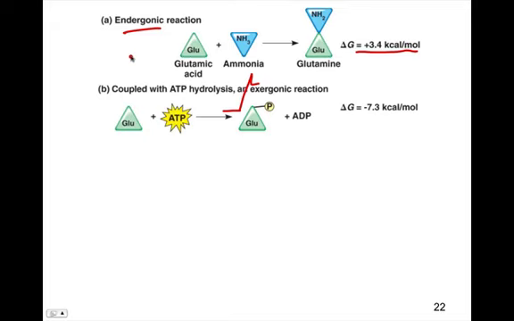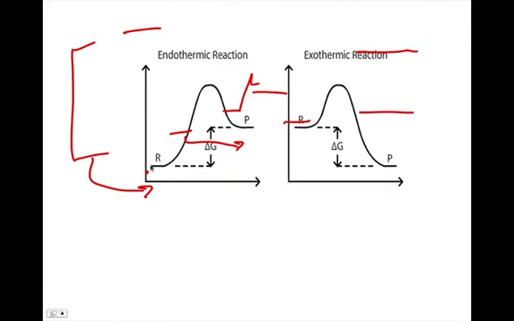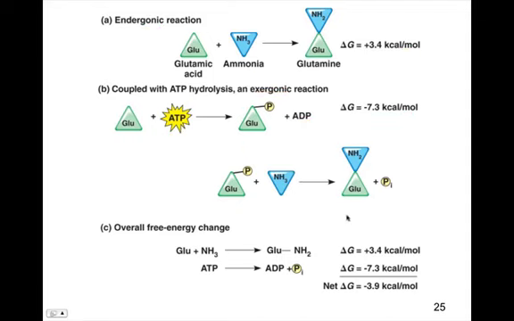And it says you could couple that to an exergonic reaction, like this energy intermediate ATP as a substrate, and if we release ADP, we're going to release 7.3 kilocalories per mole. We can couple these two reactions, put them together like that, and get an overall delta G, because we're going to pump something uphill and let something flow downhill. And that's all the book is showing here.